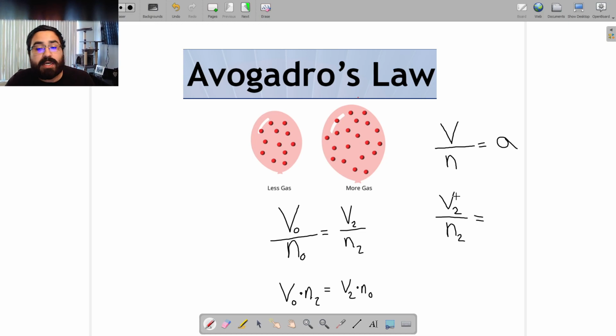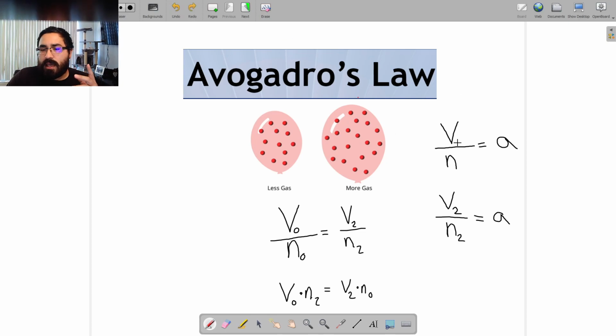If V2 is bigger, then the number of particles must also be bigger. But if you have that ratio, it still gives you the value A. And if you go even bigger, it will always give you this constant. This is called a proportionality constant.